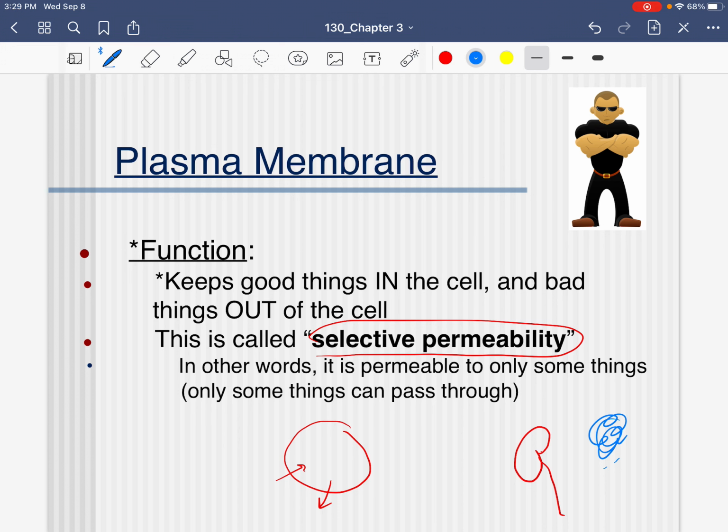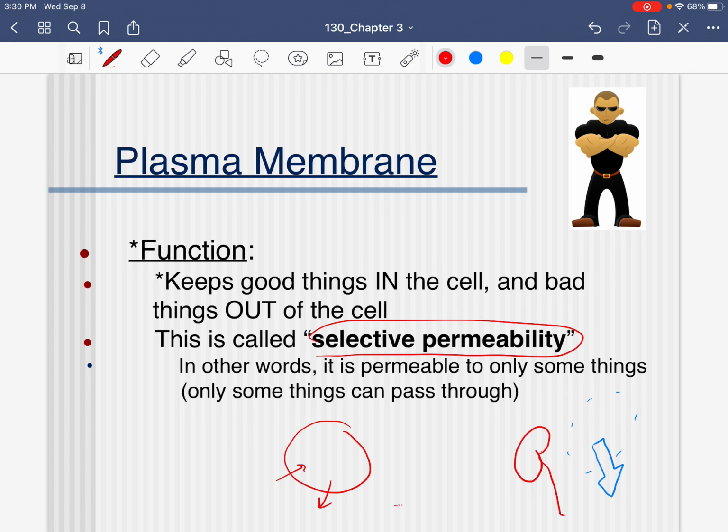If I were to look at the glomerulus membrane up close, it has big, huge pores. So the glomerulus allows quite a lot to filter out of it. So it is very, very permeable.